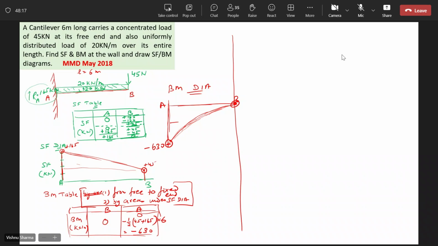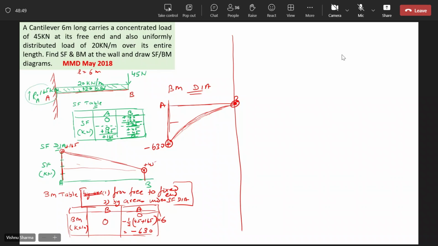It should be rotating about point B. So therefore, please see that in a cantilever, the bending moment will always be from free end to fixed end, and at the free end, the bending moment will always be 0. Is that clear, beta? Am I right? Class, is it clear? Yes, sir.